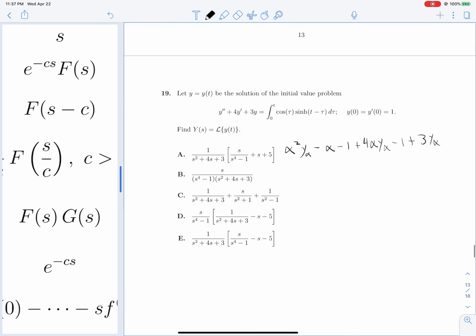So in our case, f of t is just what they have in here, where all of the t's are t minus taus. So we can say that f is equal to the hyperbolic sine of t, and g is the cosine of t. So let's find these.